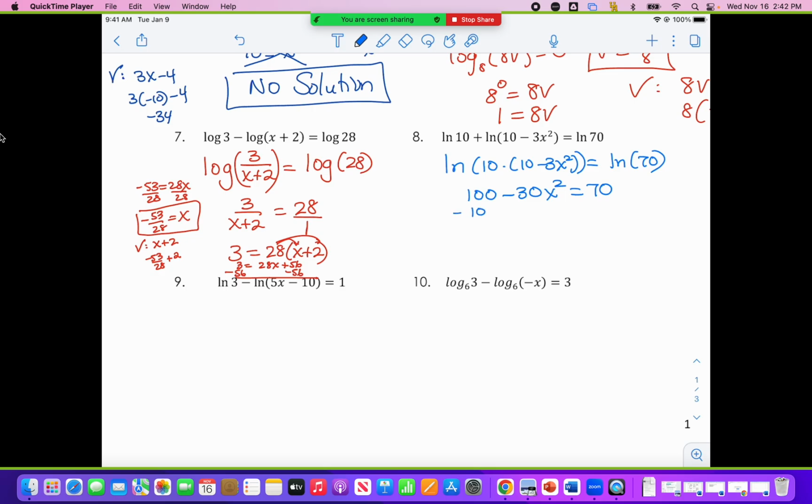So let's subtract 100 from both sides. And I get negative 30x squared equals negative 30. And I'm getting x squared equals 1. So x is plus or minus 1.